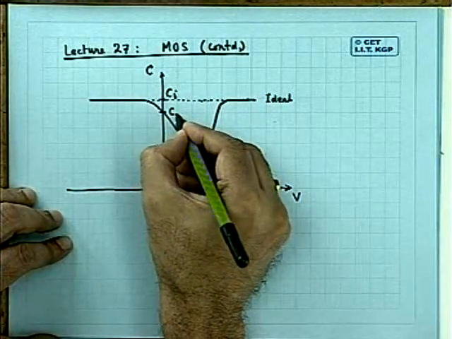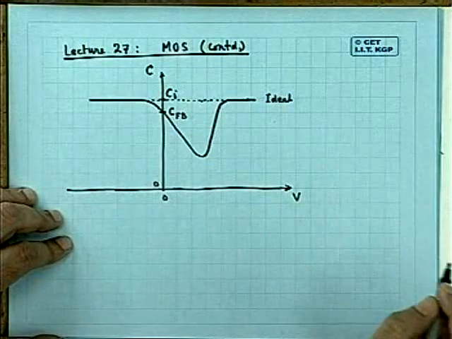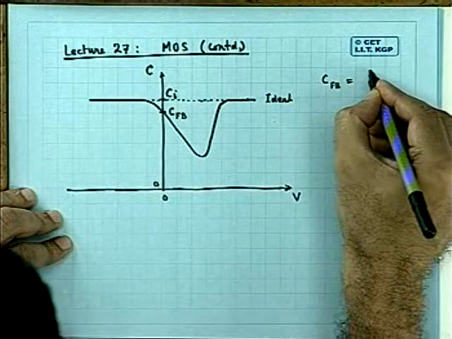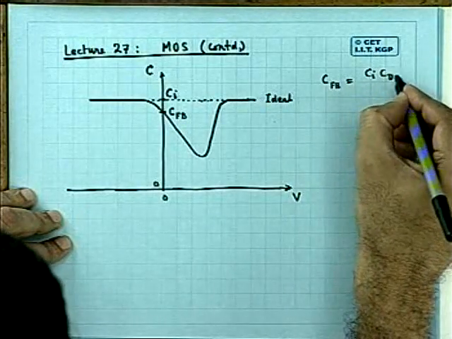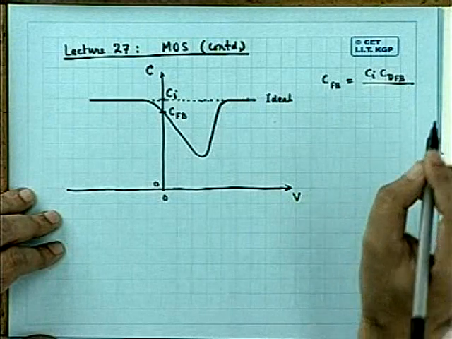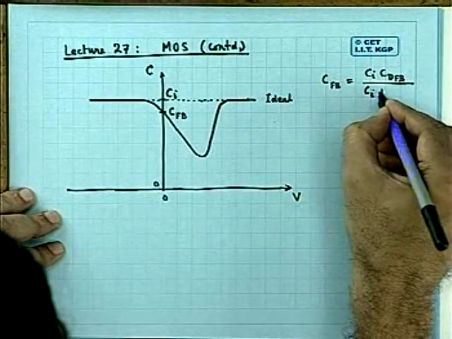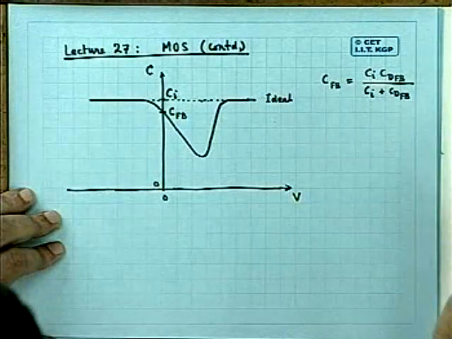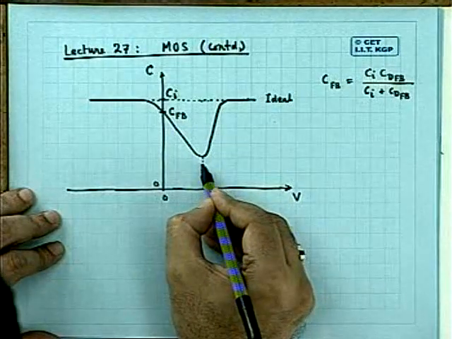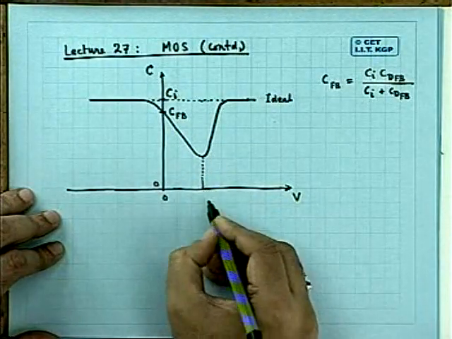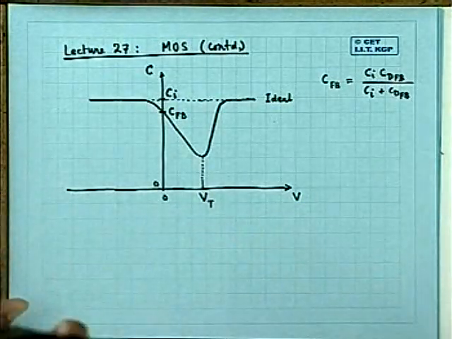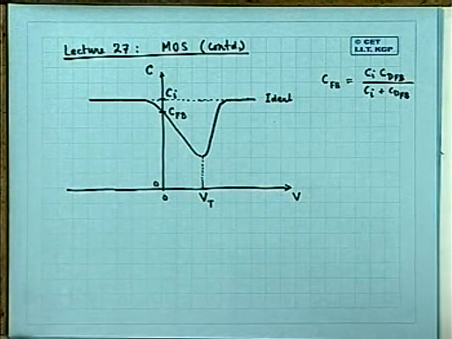Remember, this capacitance I call CFB, where CFB is defined as CI times CDFB, already known to you, equal to epsilon s divided by LD, divided by CI plus CDFB. That is this value. And you get a minimum somewhere here, and this point is more or less what is called the threshold voltage of MOSFET. I write it as capital VT.